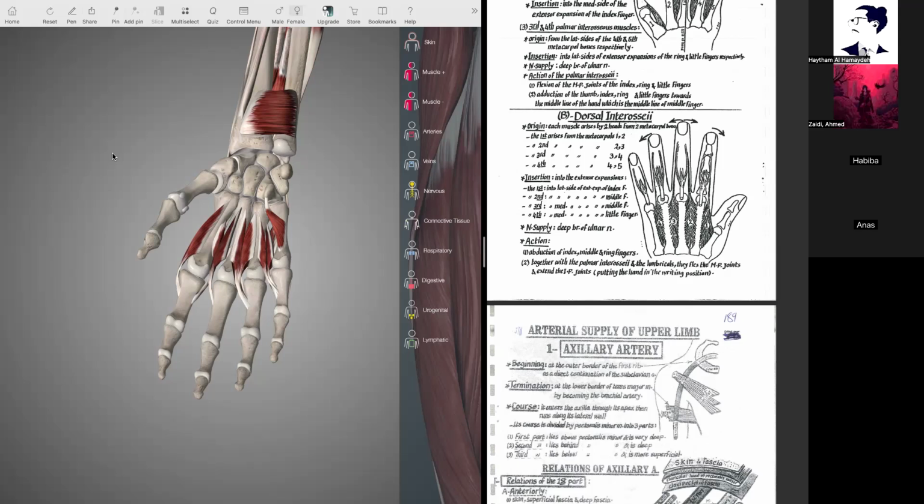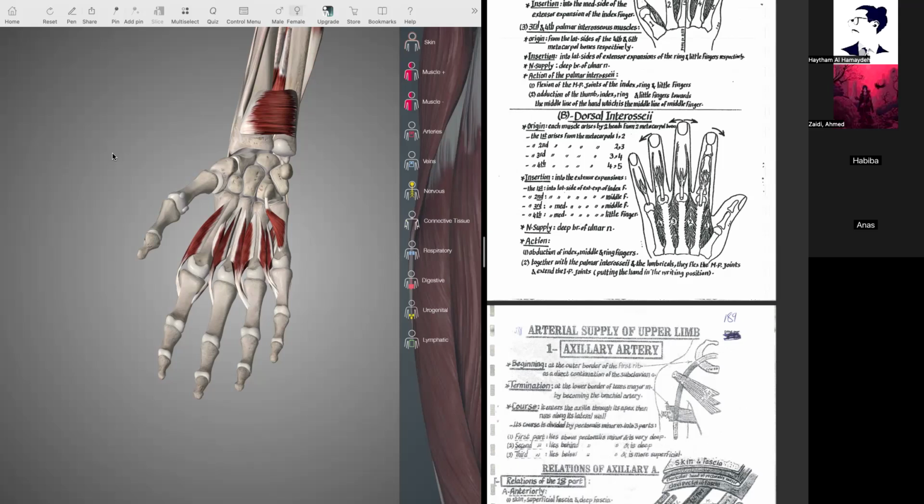Okay, these are the four. Except for the adductor pollicis, which is made up of oblique and transverse, the oblique, this one is innervated by ulnar. The other three, the first three, are by median. Okay, we know the origins, we know the insertions. But you always leave the details to the last.